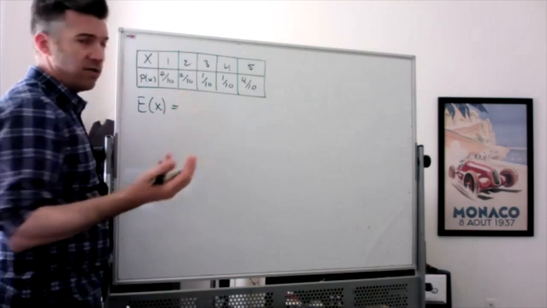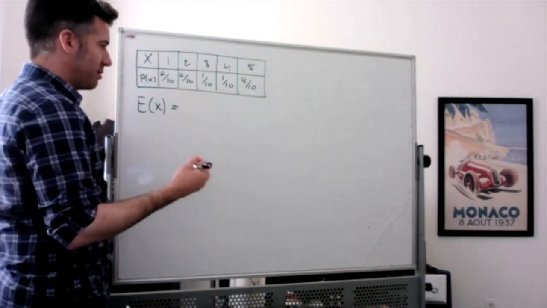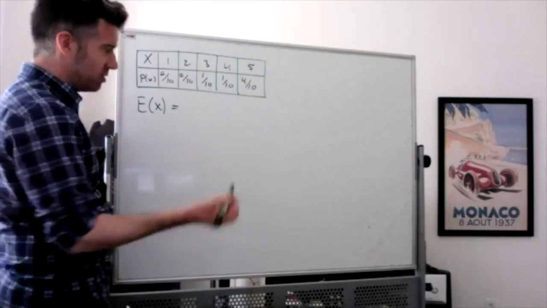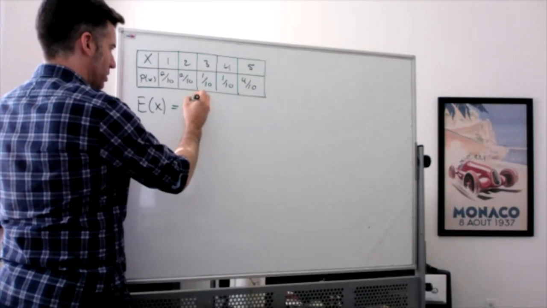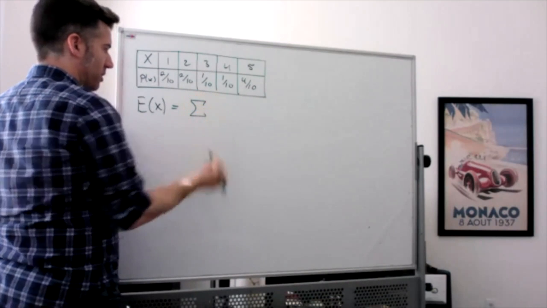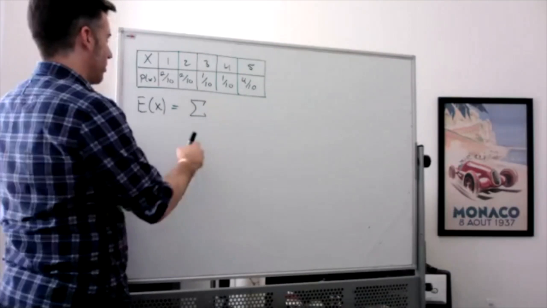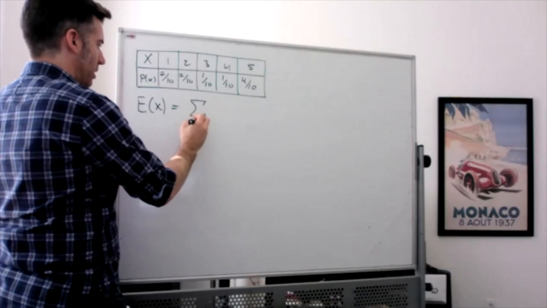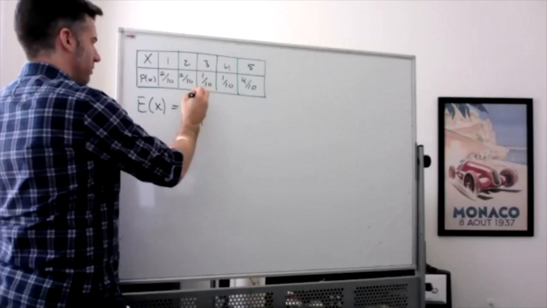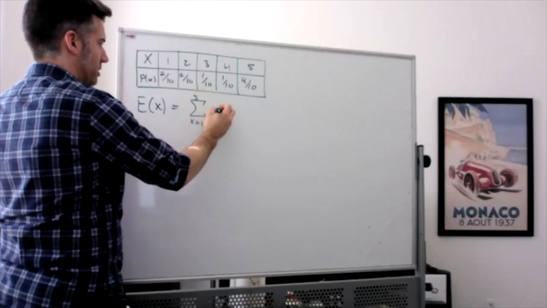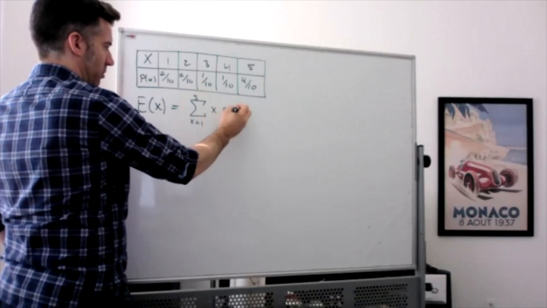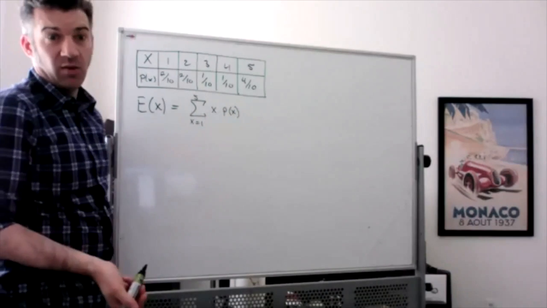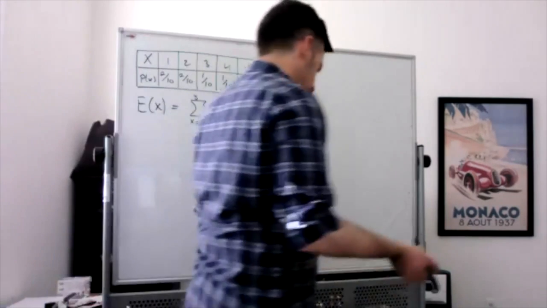Whenever we're trying to find the expected value of something, most people, I don't know if your teachers use this notation, but we often use the sum. Here we have the sum as x goes from 1 to 5 of x times the probability of x. It's just a weighted mean, right?